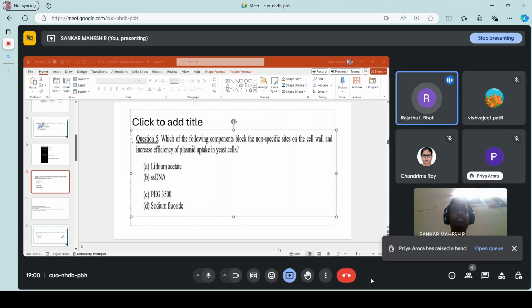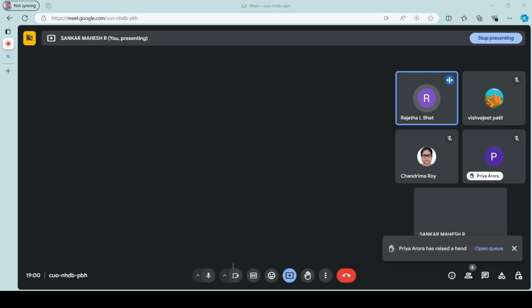I know it does not directly block non-specific sites. It aids in the DNA uptake process. Yeah, but how does it aid? I guess by creating a viscous environment. I'm not sure about this, I just heard it somewhere.